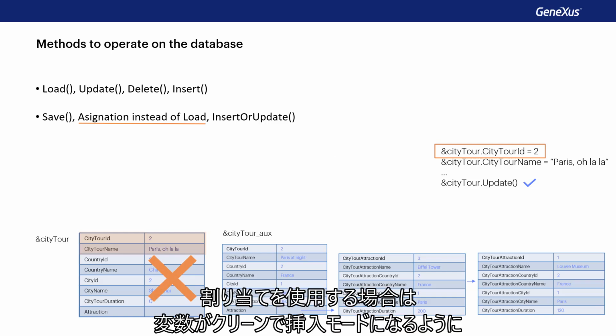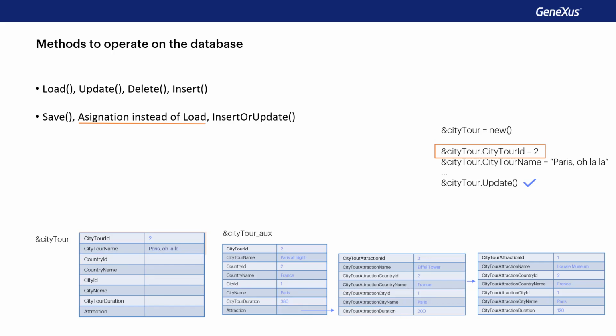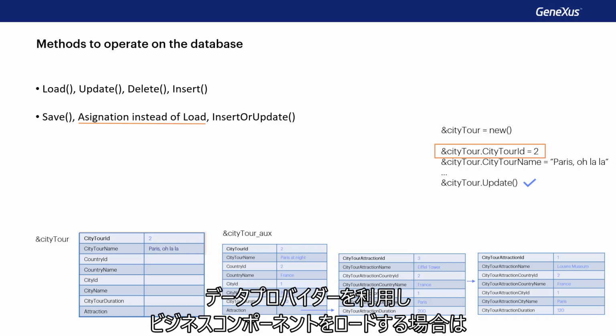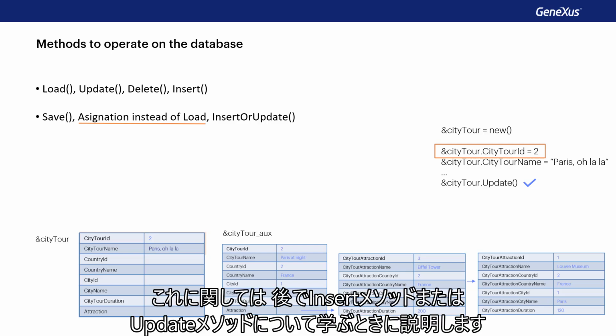If we're going to use the assignment, it's strongly recommended that we first ask for new memory space for the variable so that it's clean and in insert mode. The assignment is the only way when the business component is loaded in a data provider, as we'll see below, while studying the insert or update method.